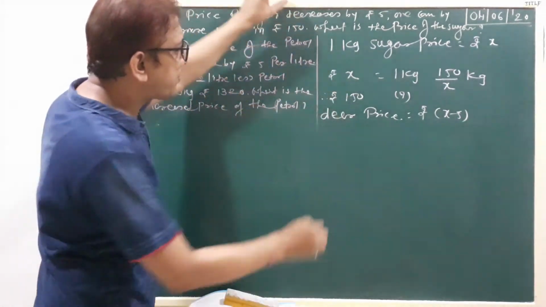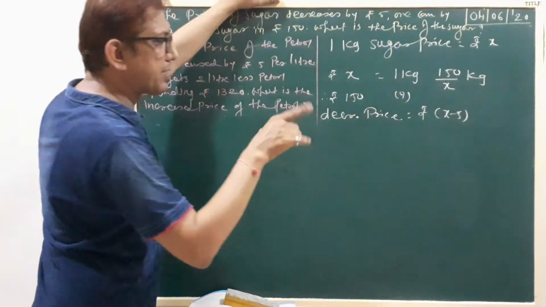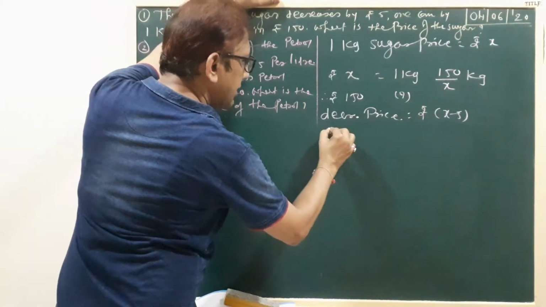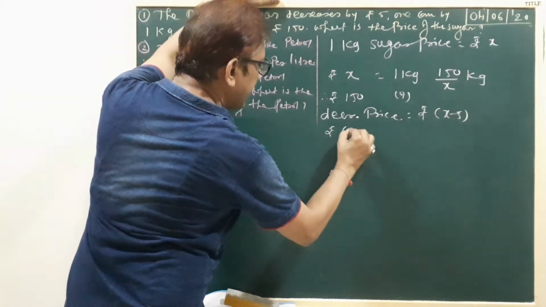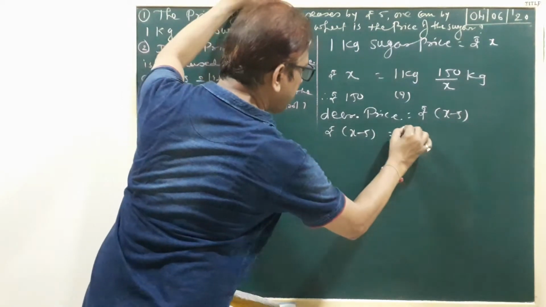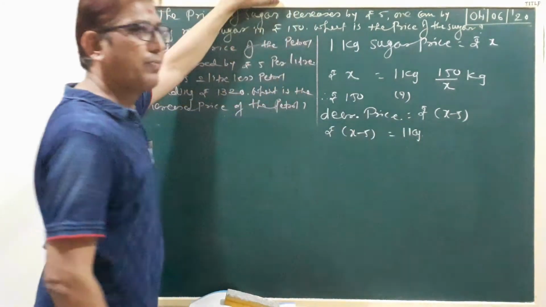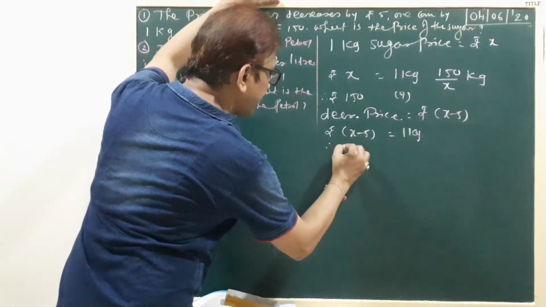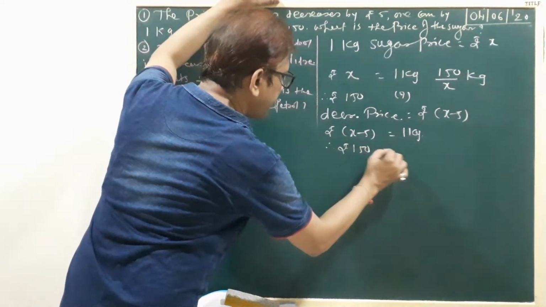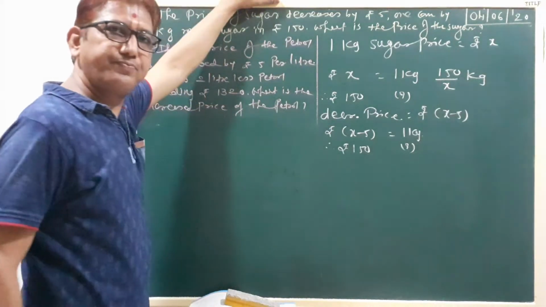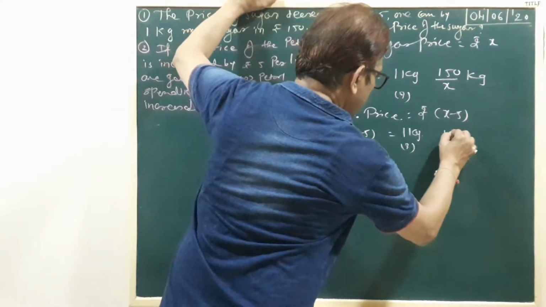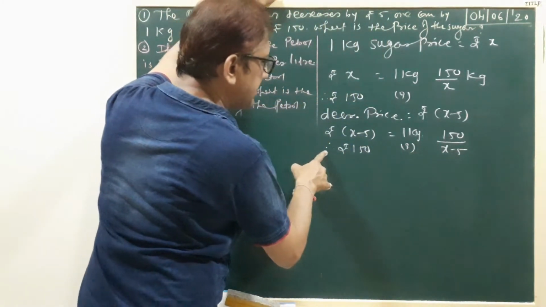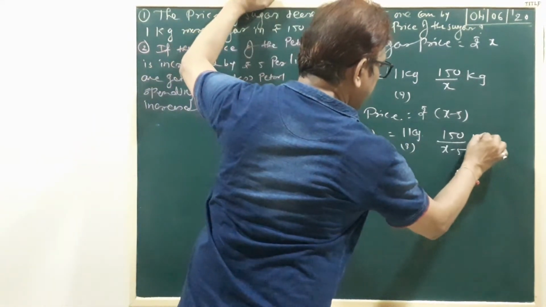Again write this step: rupees X minus 5 equal to 1 kg. Therefore rupees 150 equal to question mark. So 150 upon X minus 5. Rupees cancel, so the unit is kg.